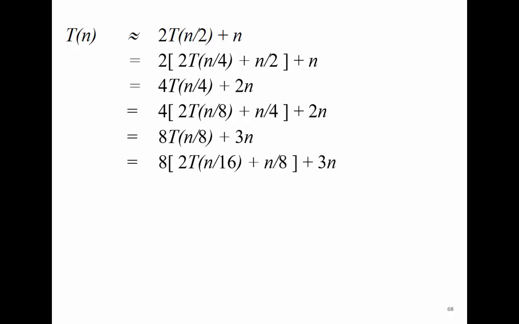Then if you keep doing this, you will see the pattern: 2 to the power k times T of n divided by 2 to the power k, plus kn. That is the pattern for the time complexity of merge sort, how many operations we need to complete the merge sort for an array of size n.